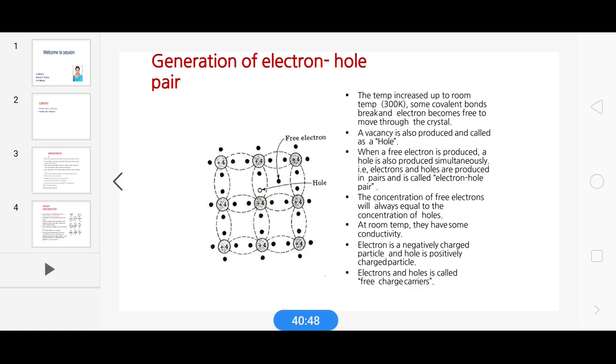So in the intrinsic semiconductor, the number of holes is equal to the number of electrons, and the conductivity is due to the movement of electrons as well as holes. Electrons are negatively charged and holes are positively charged carriers.